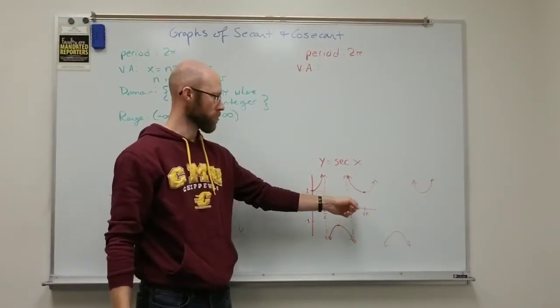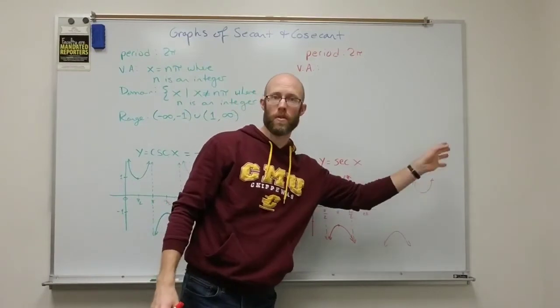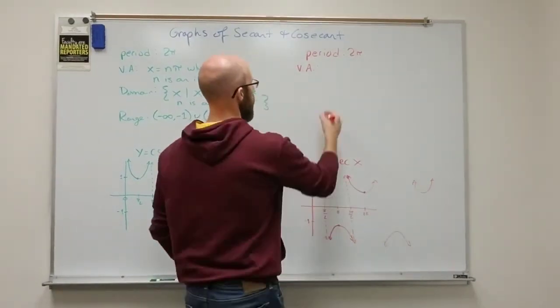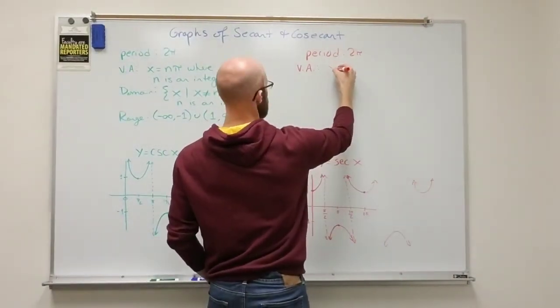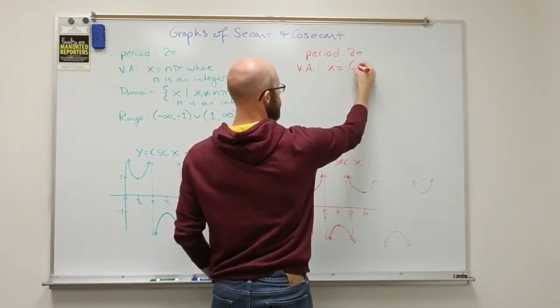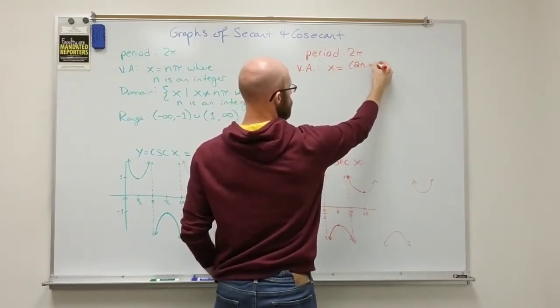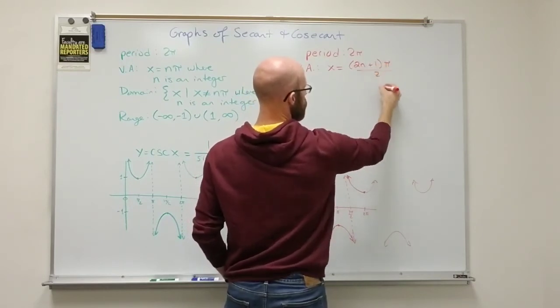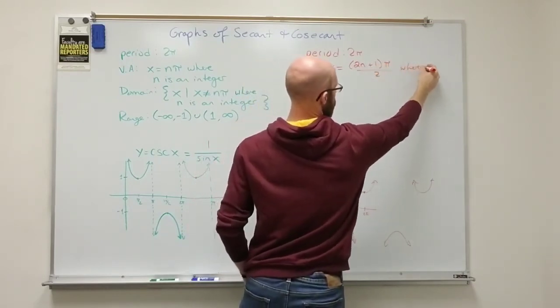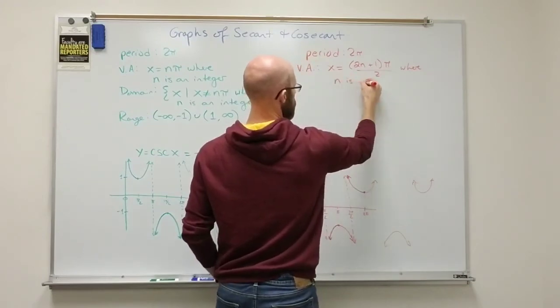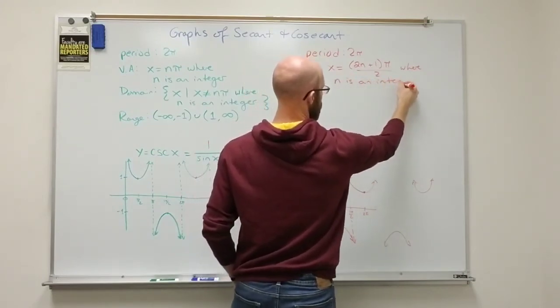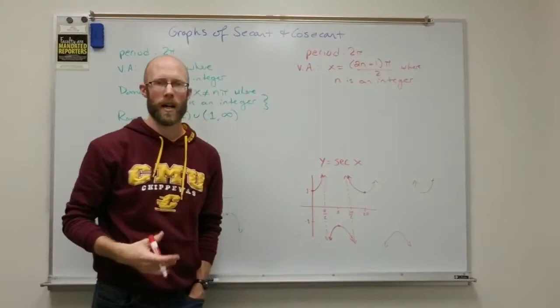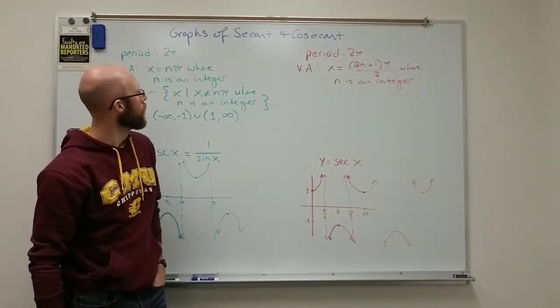So 1 pi over 2, 3 pi over 2, 5 pi over 2, 7 pi over 2, and so forth. So those are odd multiples of pi over 2. To get an odd number, you take 2n plus 1 and multiply that by pi over 2, where n is an integer. That will give you all the odd numbers times pi over 2.